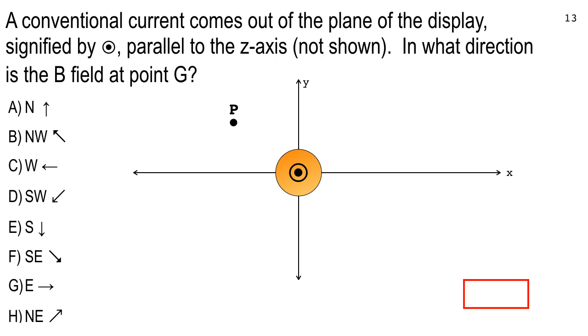Let's see. Point P up in the northwest. So the answer should be B, right? No? Huh, good. I didn't trick you guys. Southwest. Yeah. So if you've got a diagram in your notes, add a little southwest vector.